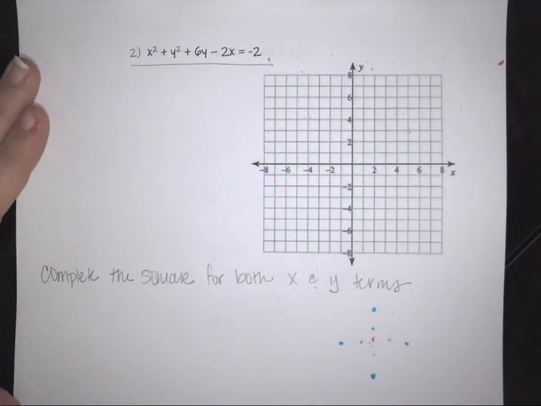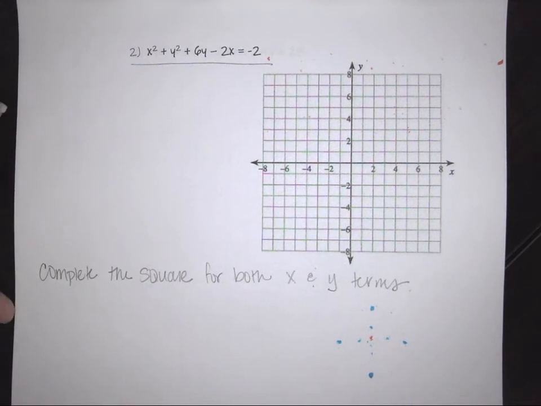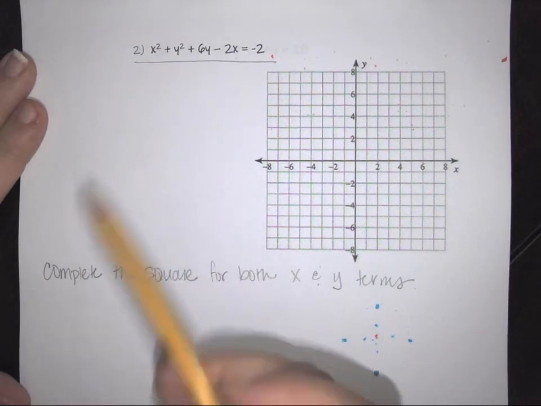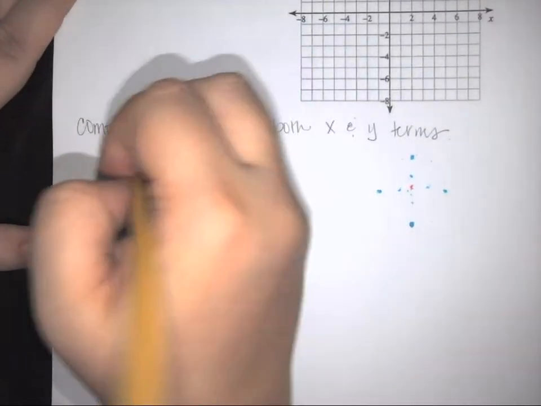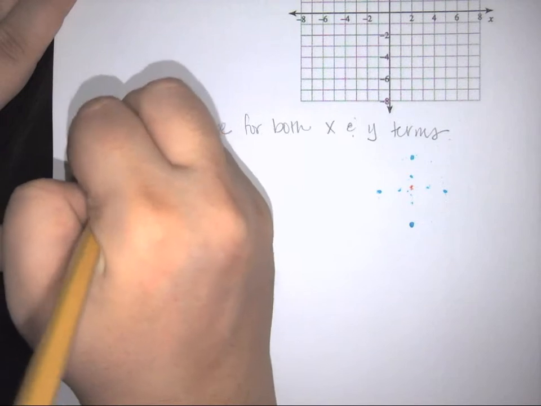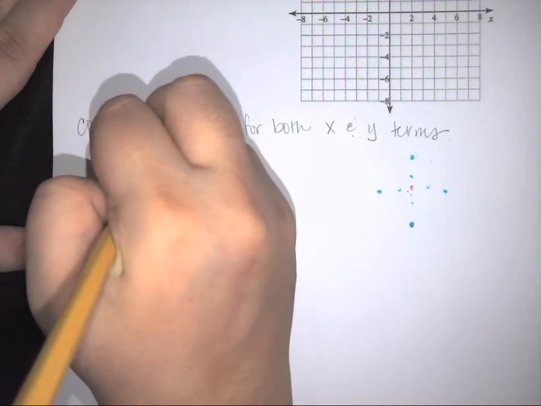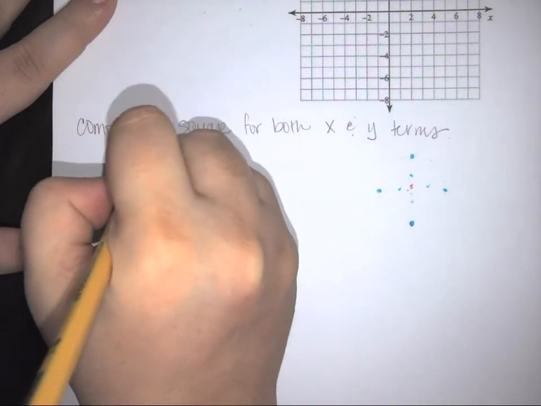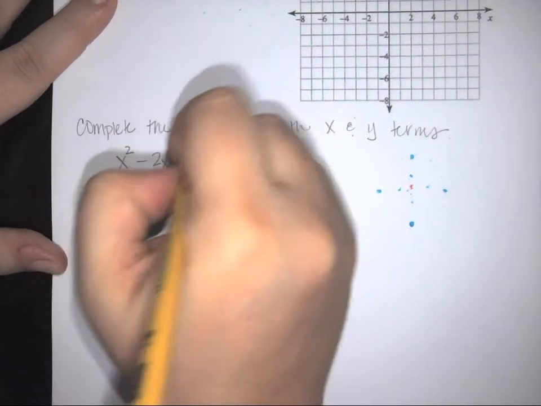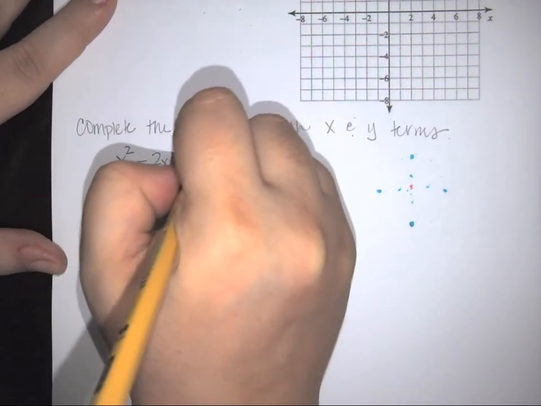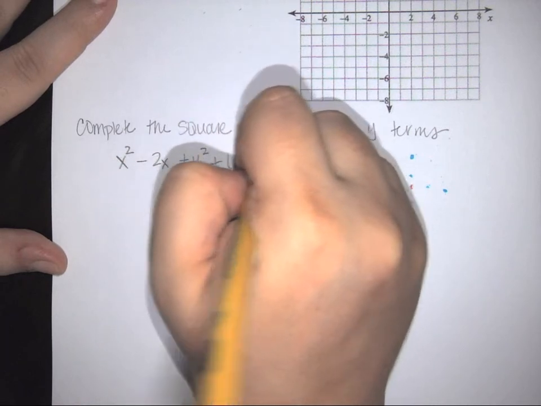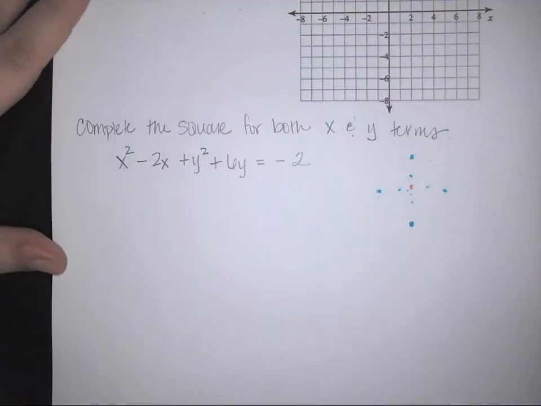Completing the square simply means the first thing I want to do is group my terms together. I'm going to put my x's together and my y's together. So this is going to be x squared minus 2x plus y squared plus 6y equals negative 2.